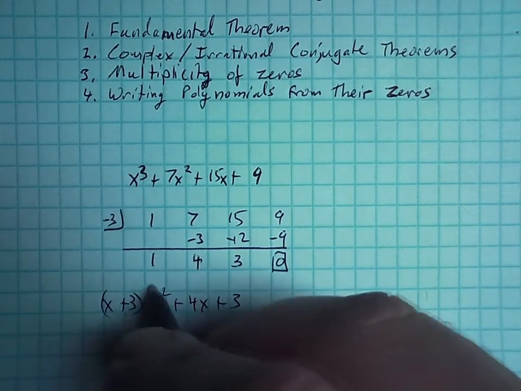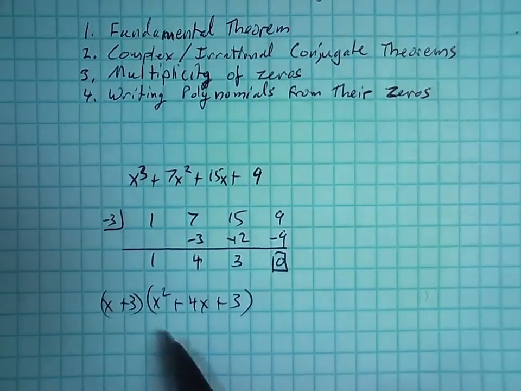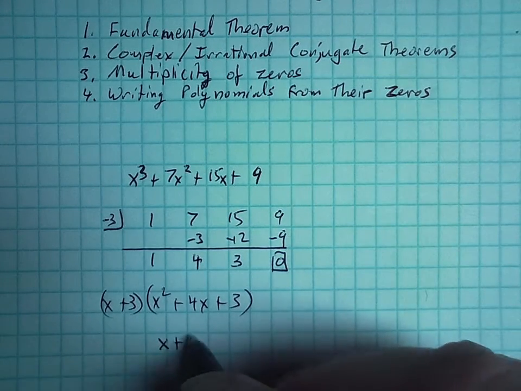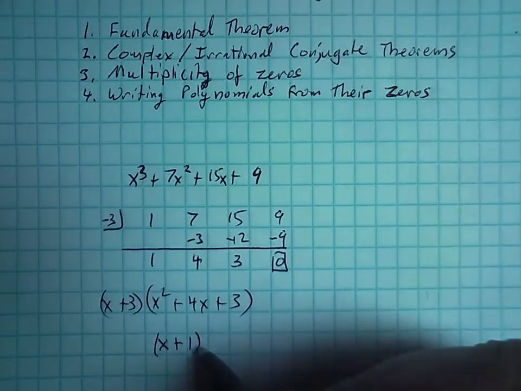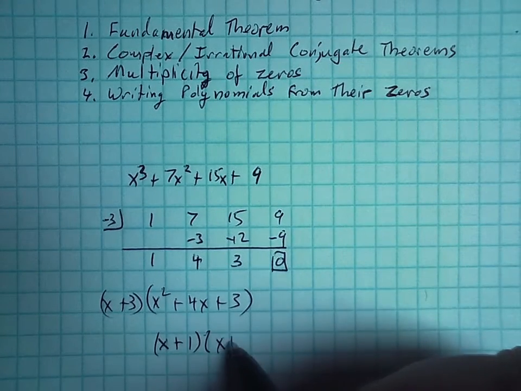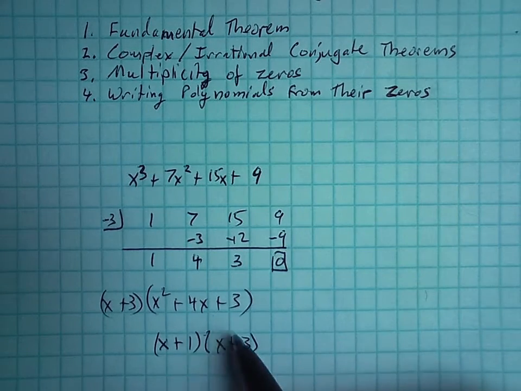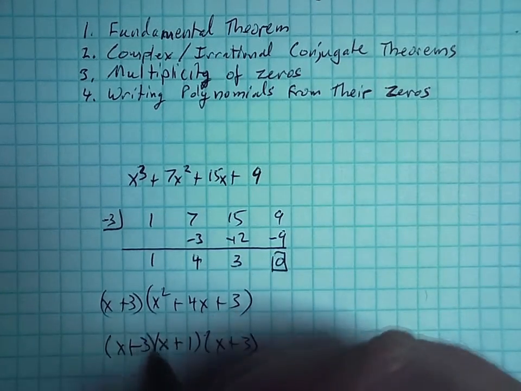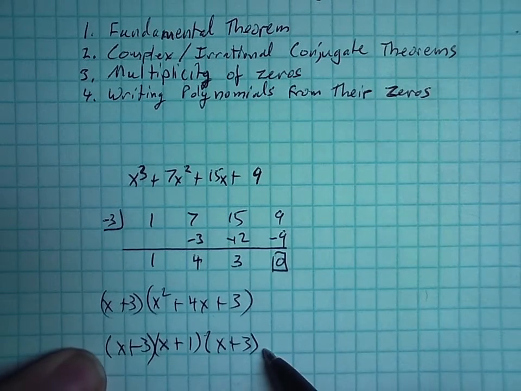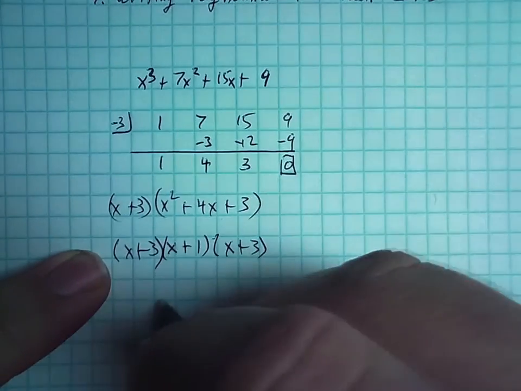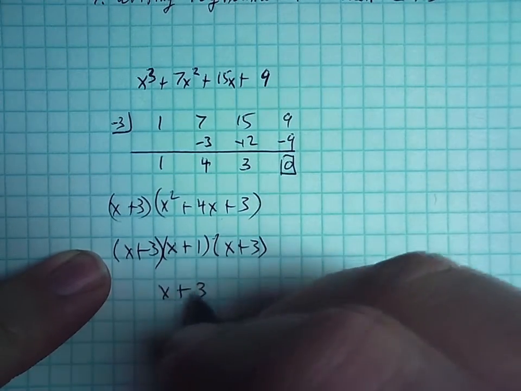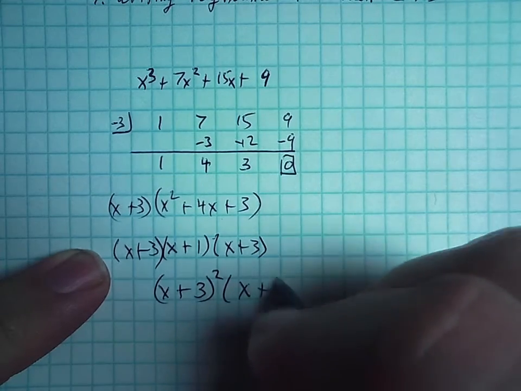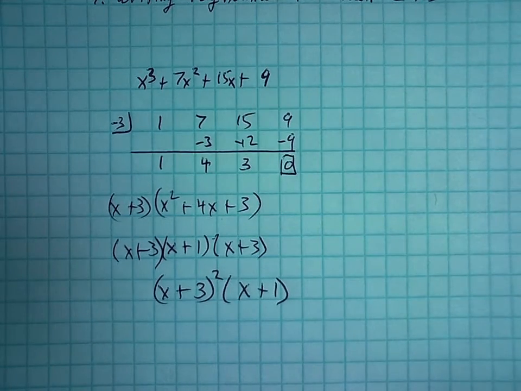So I have x plus 3, that was what I divided by here. This one, I'm expecting it to have a -1, which means x plus 1 should be one of the factors, and it is in fact. The other one is x plus 3. That's what adds to 4 and multiplies to 3. But you'll note here I have actually x plus 3 twice. And this is what we call a repeated solution. So we can rewrite it as x plus 3 squared times x plus 1.